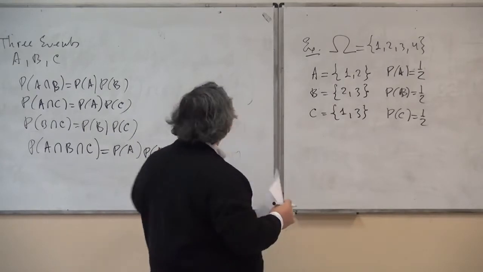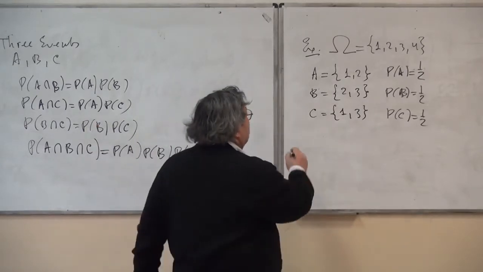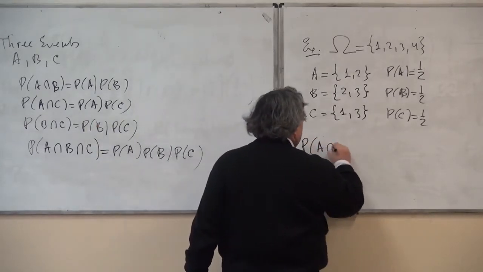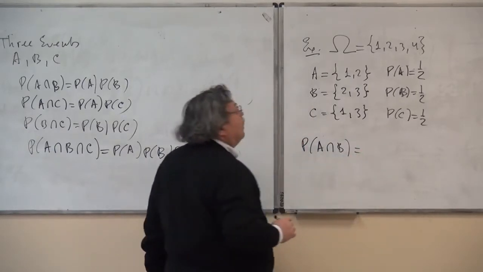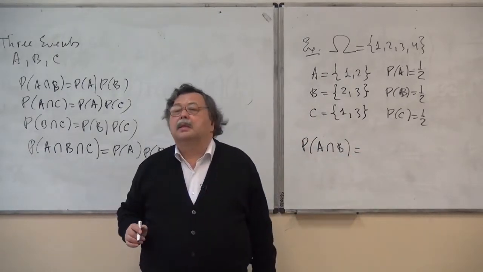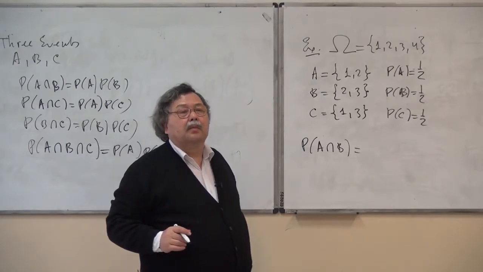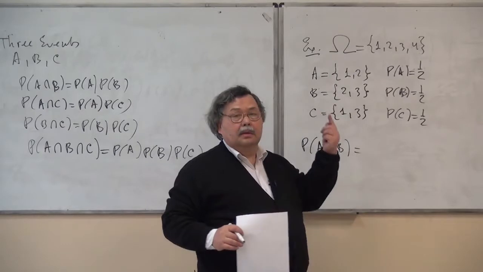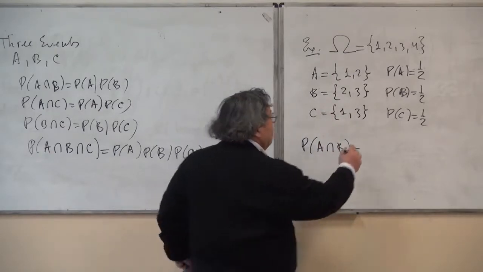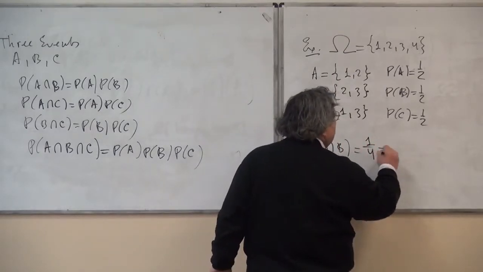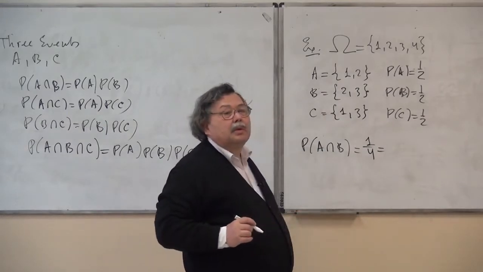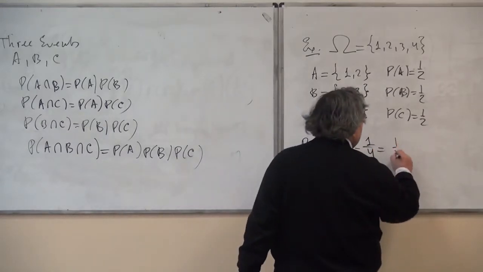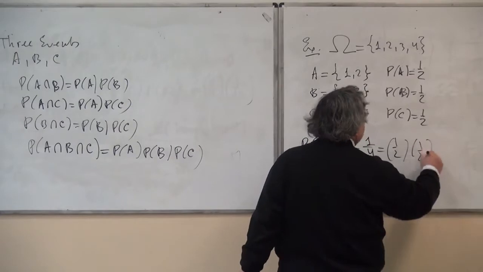What about the intersections here? The probability of A intersect B. Now, what is this set, A intersect B? How many elements does it contain? Just one. It's just number 2. So it's 1 out of 4, which is equal to the product of the 2 respective probabilities, 1/2 times 1/2.